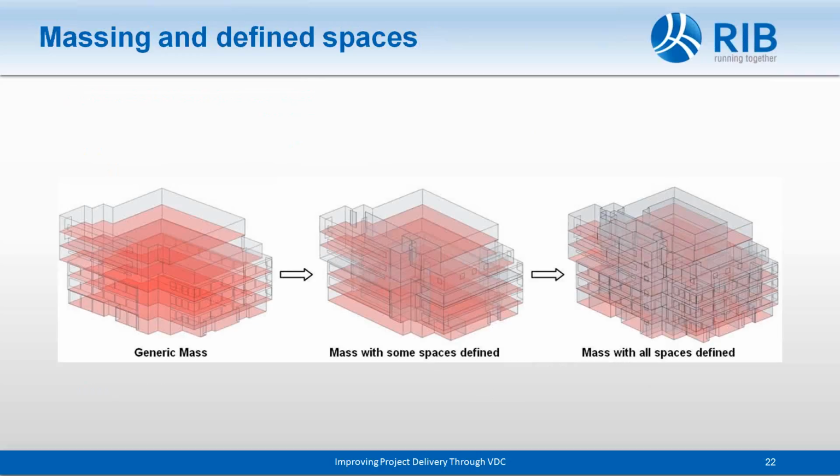Okay, so here's something that's moving from a level 1 to higher levels. So when you see generic masses, some spaces defined, all spaces defined. And there's no such thing as a level of development of 0, because if an LOD 0 is an object, then that object doesn't exist yet.